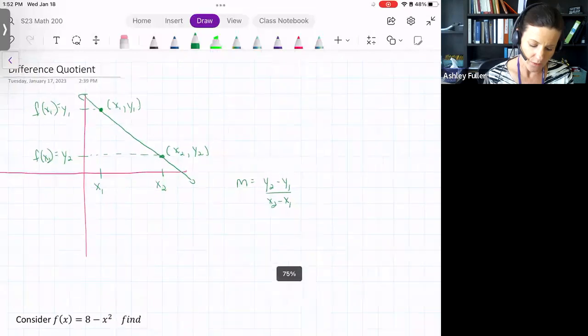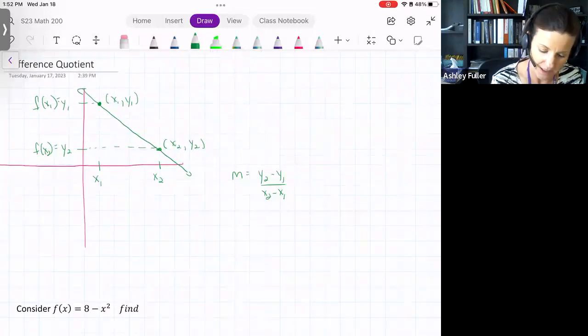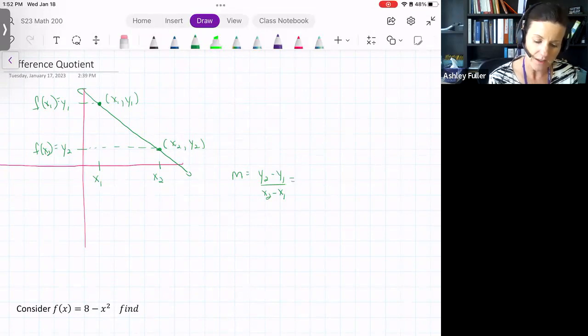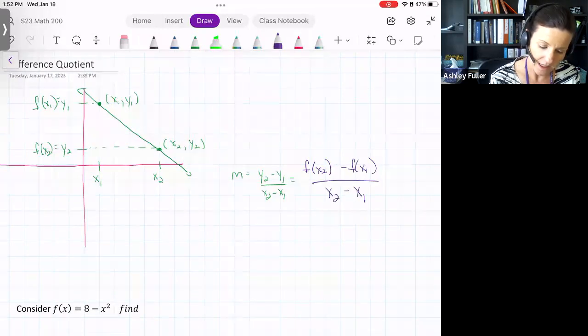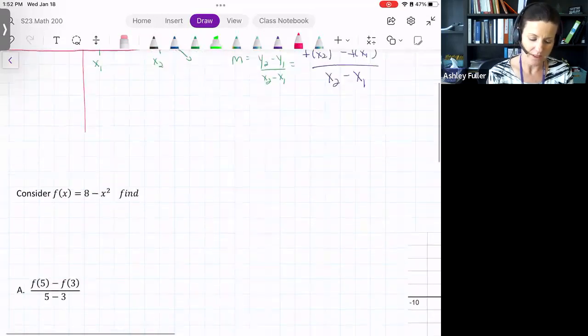To determine the slope, we can simply do y2 minus y1 over x2 minus x1, but using the values of functions, we can rewrite this as f of x2 minus f of x1 divided by x2 minus x1. Again, these are just fancy ways of saying y2 and y1. Notice this helps us when we're dealing with functional notation now.